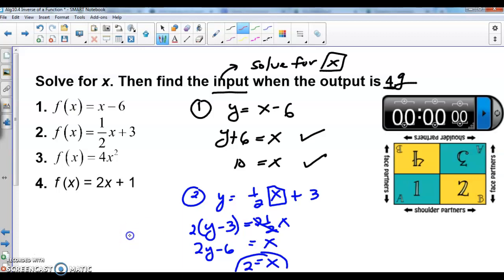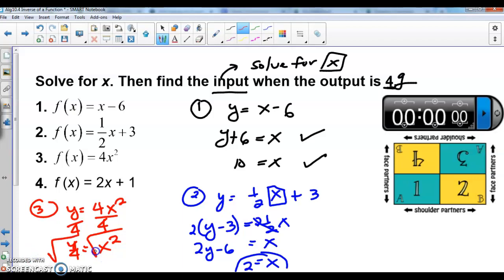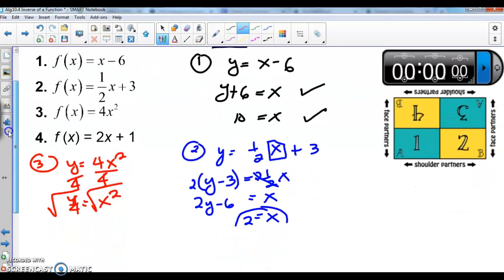Let's look at number 3, I'll do it here. Changing f of x to y, we get y is equal to 4x squared. Divide both sides by 4 first. So y over 4 is equal to x squared. How do you remove the power? You take the square root of both sides. Let me scroll this down so we'll have more space.